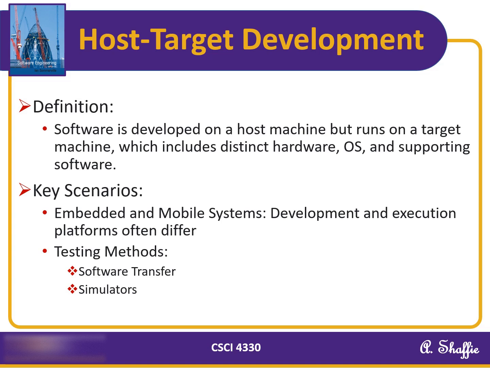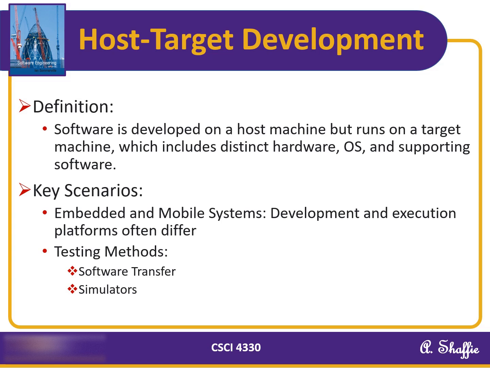To ensure that the software works on the target platform, developers typically use software transfer, which is moving the software from the host to the target for testing, or simulators, which are tools that mimic the target environment on the host machine. Simulators are helpful but can be expensive and are often limited to popular architectures.